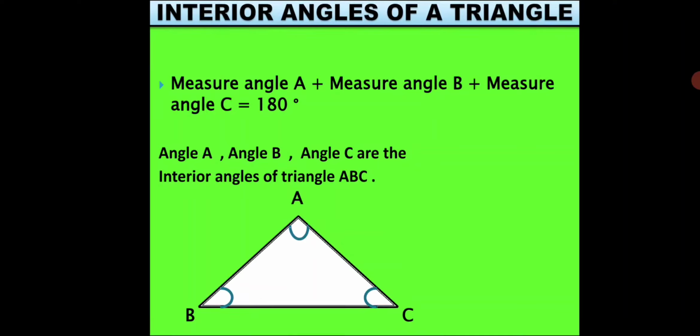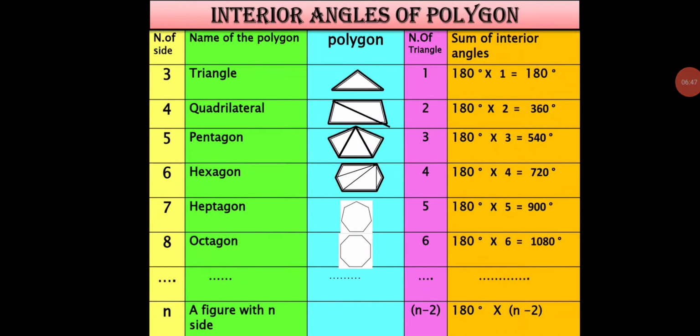It means in this figure, measure of angle A plus measure of angle B plus measure of angle C, after adding those three angles, we get 180 degrees. Now, as we have seen the concept of interior angles of a triangle, we are going to see the concept of interior angles of a polygon.